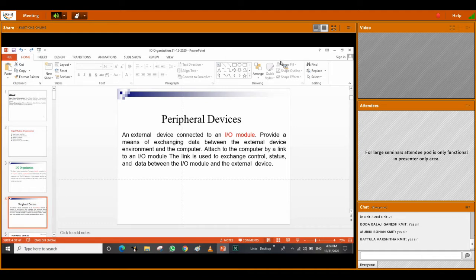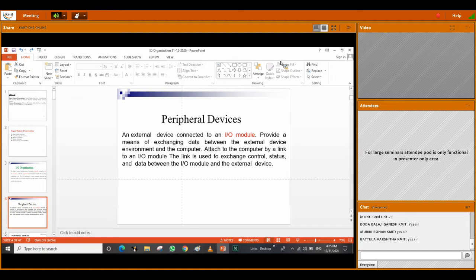Whatever external devices are connected to the IO module provide a means of exchanging data between the external environment and the computer. They attach to the computer by a link to an IO module.